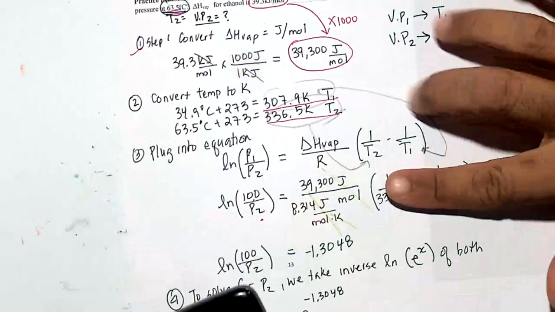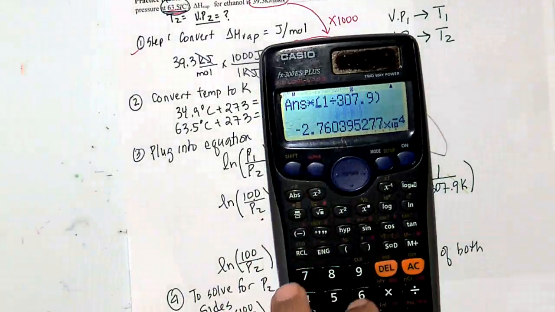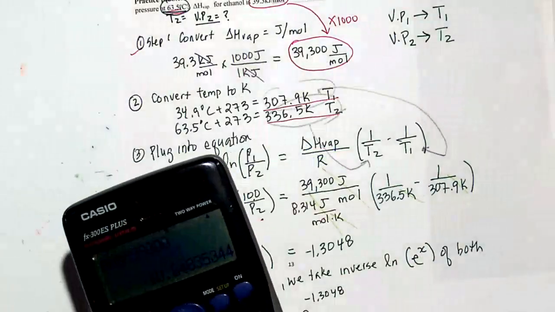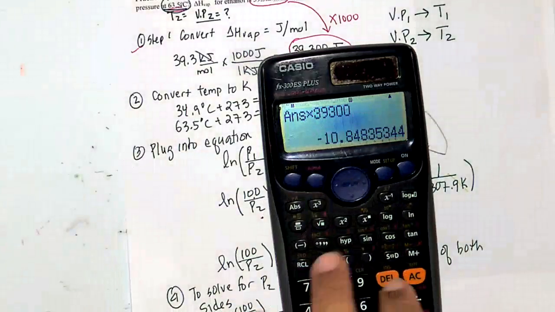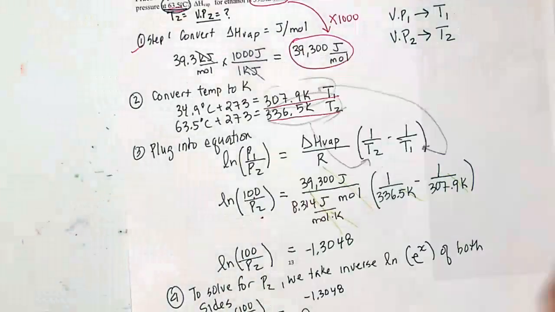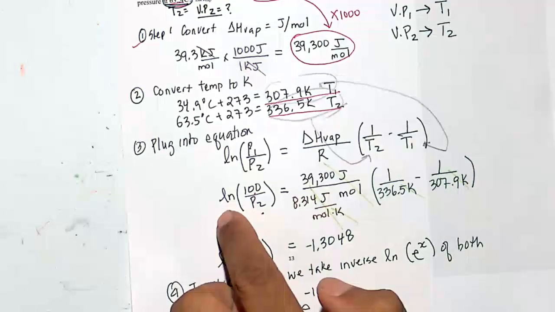You get this wacky decimal, times 39,300, and divided by 8.314. That gives minus 1.304. I added some extra digits.